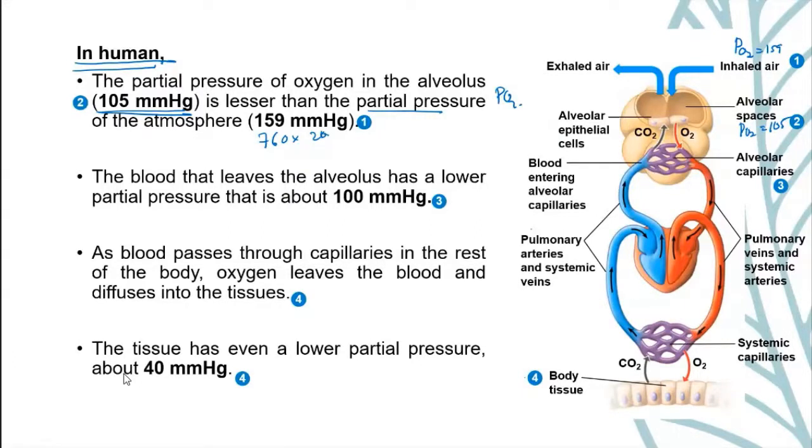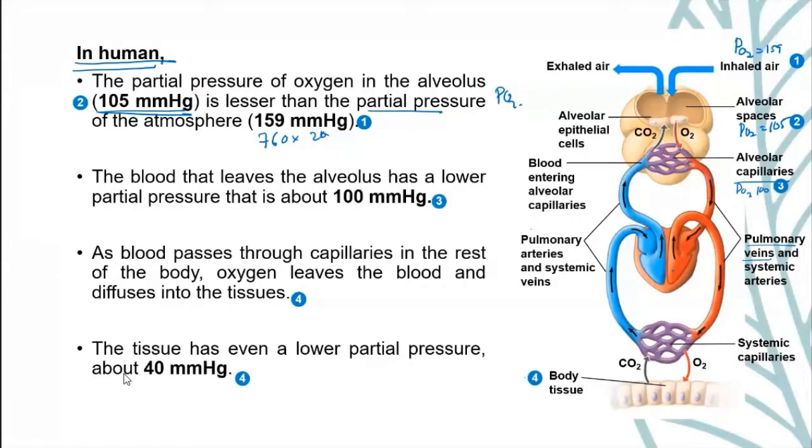So in the alveolar capillaries, the blood capillaries surrounding the alveolus, the partial pressure of oxygen is 100. Okay, so oxygen from the alveolus diffuses into the blood capillaries, and then the blood becomes oxygen-rich blood. Okay, and then it travels through the pulmonary veins, enters the heart, so that the heart pumps the oxygen-rich blood into the systemic circuit.